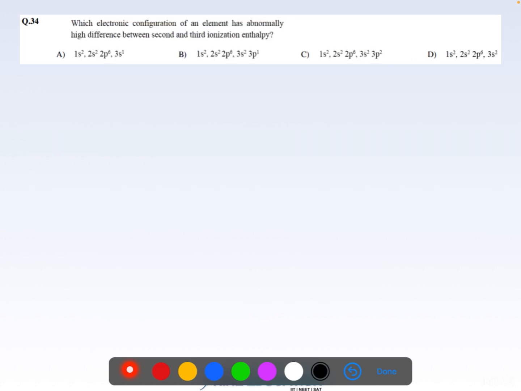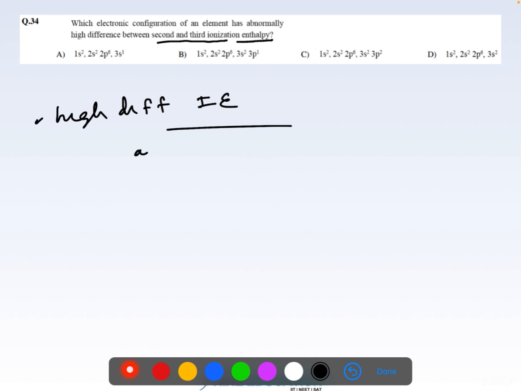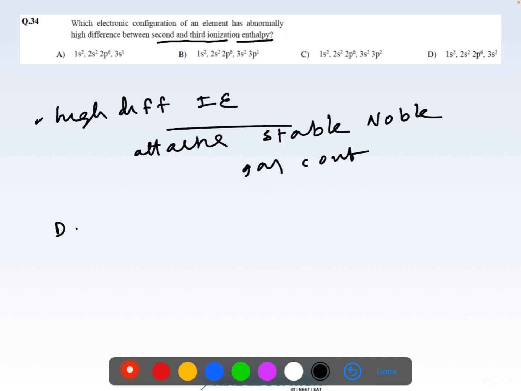Which electronic configuration of an element has an abnormally high difference between second and third ionization enthalpy? A high difference in ionization energy is observed when the element attains a stable noble gas configuration. In option D, for example, take 1s2, 2s2, 2p6, 3s2.